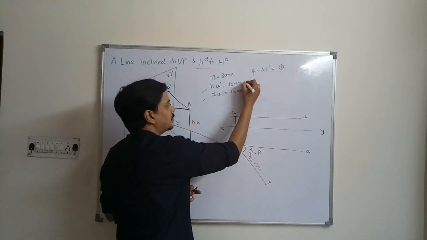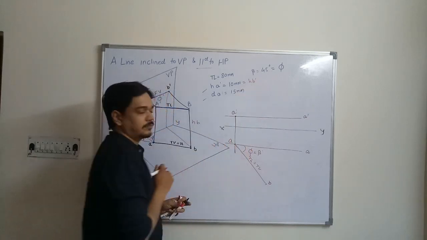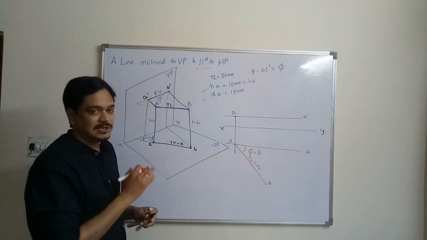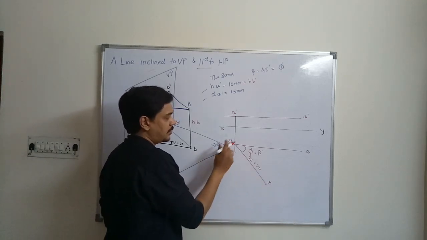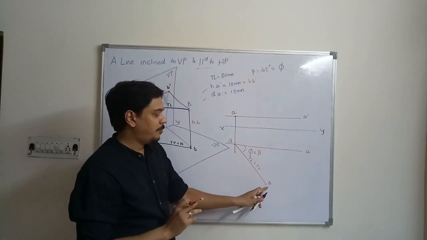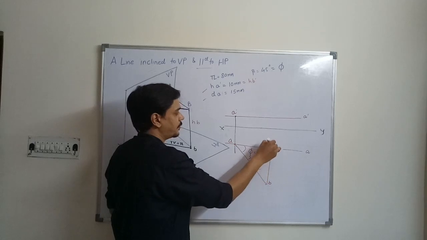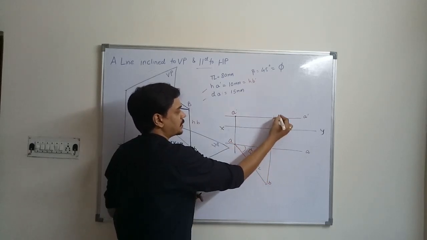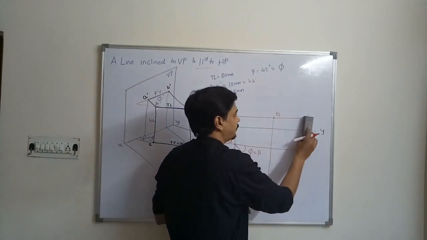So height of B dash is also 10, because the line is parallel. In order to locate point B dash, what you simply have to do is project the B point over above. That will give you the point B dash. This is the B dash.